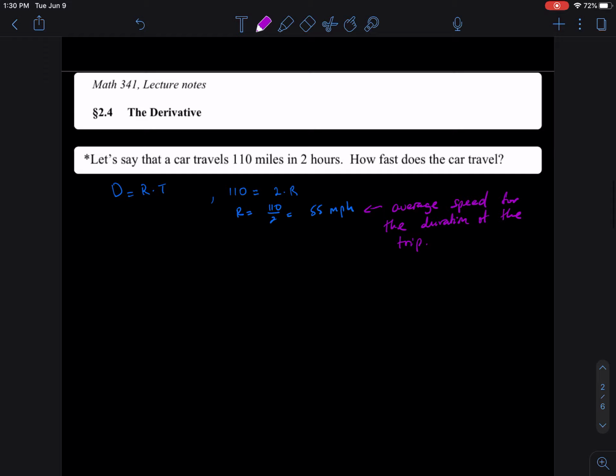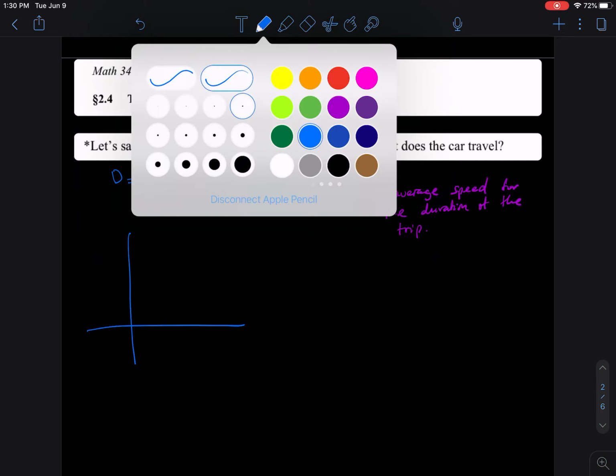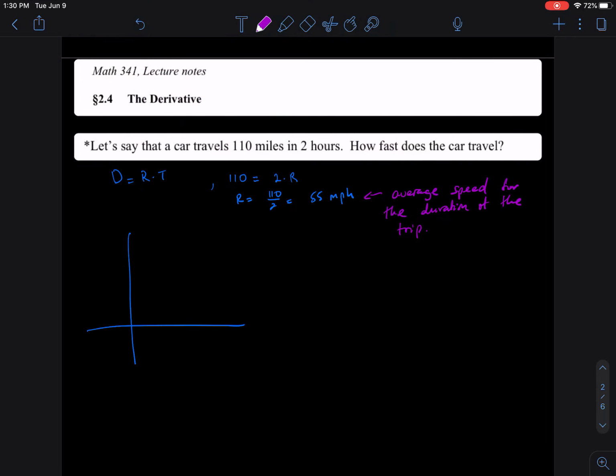If I were to represent this example through a graph, suppose we have this graph, and it describes the speed of the car. Let's say this is 55 miles per hour, here's 1, here's 2, so this is hours. The car doesn't really have a constant speed for 2 hours. That's not realistic.